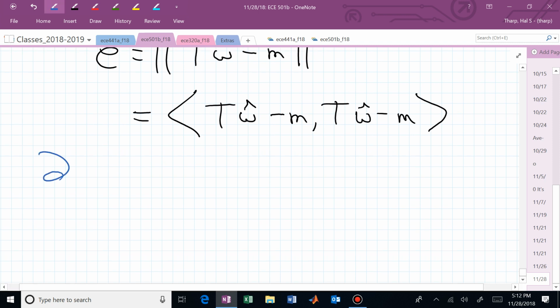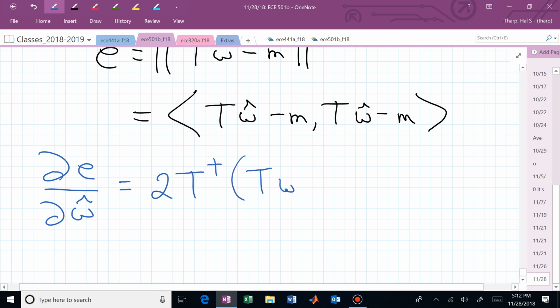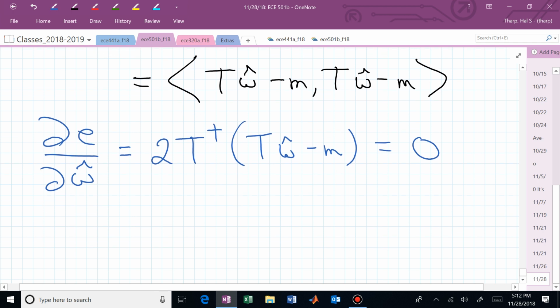So if we now find the partial of E with respect to W hat, that will actually be equal to 2 times T dagger (T W hat minus M). And if we want that to be a minimum, we set that equal to 0. So now solve this for W hat to force that derivative to be equal to 0.